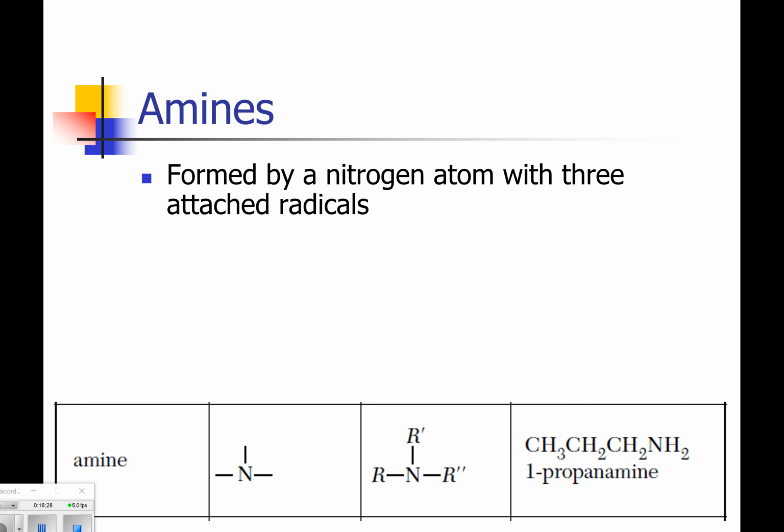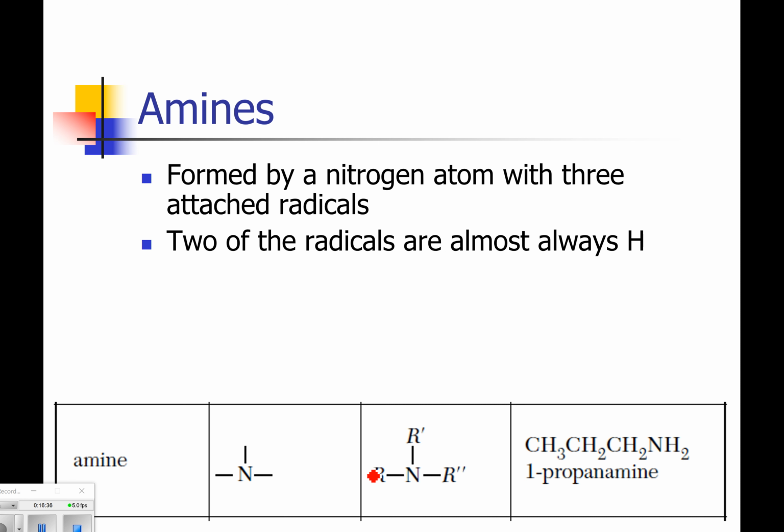Amines are one of our two groups that have nitrogen in the formula, and it's going to have 3 attached radicals to it. And generally, 2 of the radicals are almost always a hydrogen, which means the other one would be another group of atoms, generally the parent hydrocarbon chain.